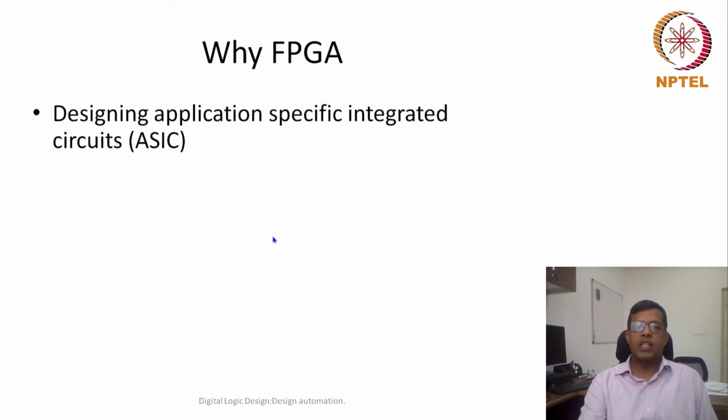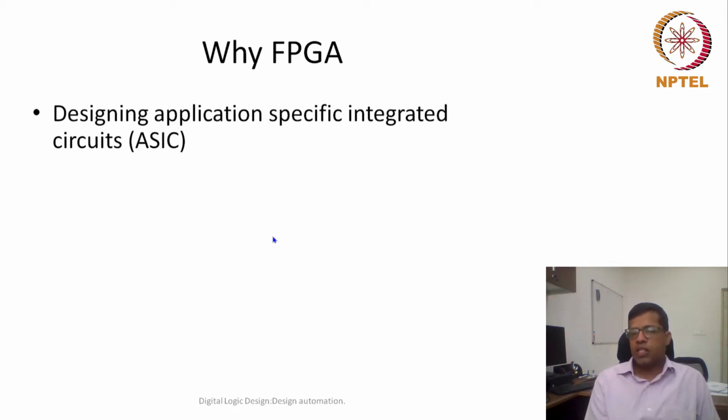That we have seen earlier. Before answering this, let's also understand why these FPGAs are used. FPGAs form one of the ways to implement an ASIC. What is ASIC? Application specific integrated circuit. Now we have certain applications.